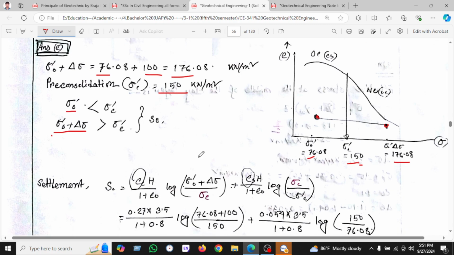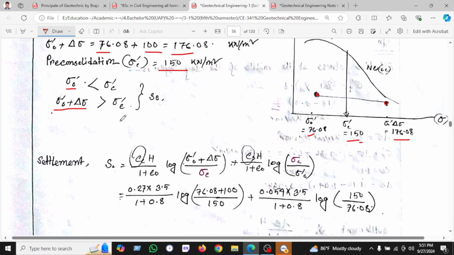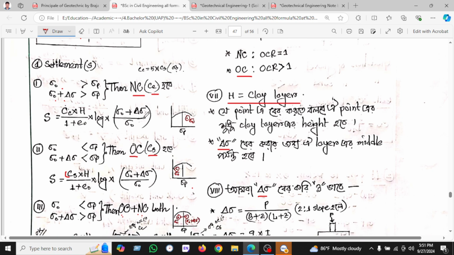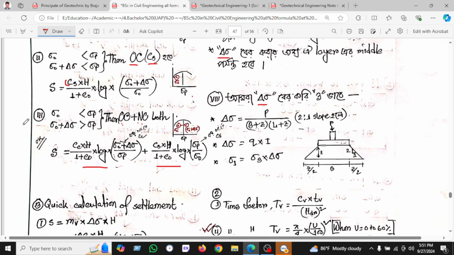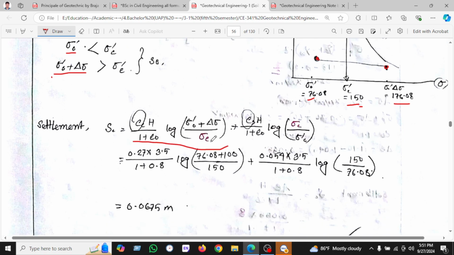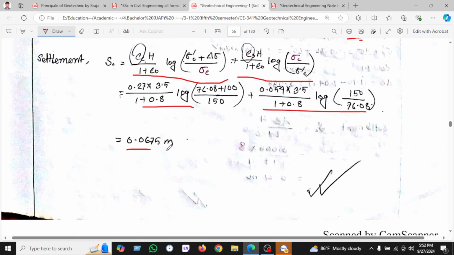So the two conditions are satisfied. If we go to the formula sheet, when the two conditions are satisfied, we use this formula, which has the Cs portion and the Cc portion. So we applied this formula and found 0.06 meter.